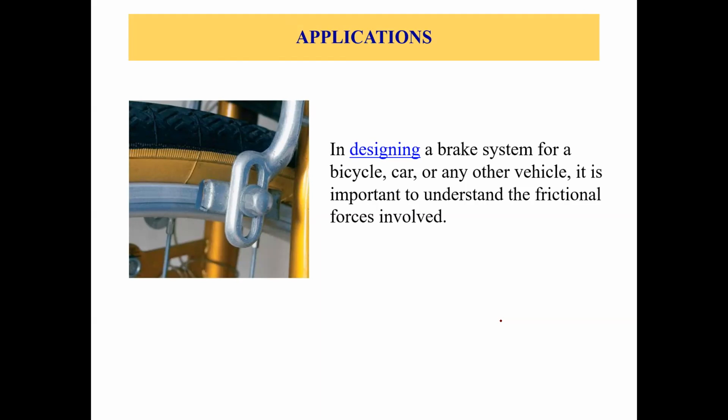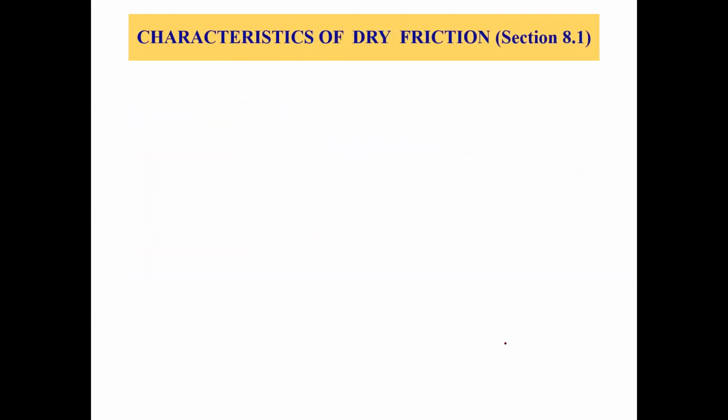You need to understand what forces are acting once two objects or two materials are in contact with each other. That's what's happening once we have friction between these two materials or any two materials. Now, in section 8.1 of your book, we'll be talking about characteristics of dry friction.